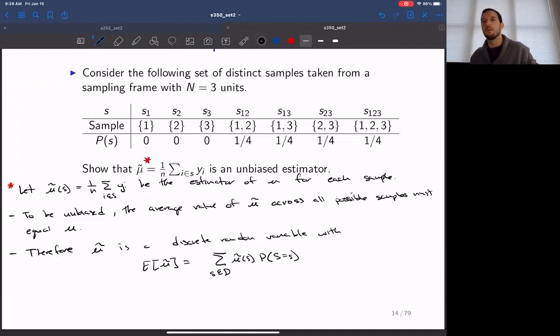Okay. So effectively, all we're saying here is that to actually compute the expected value of the estimator, we need to consider each of the different possible values of the estimator across all of the samples multiplied by the probability of observing each of those samples.